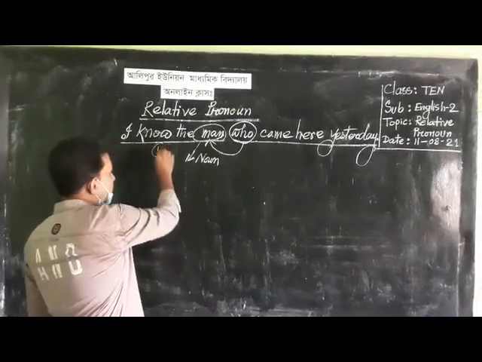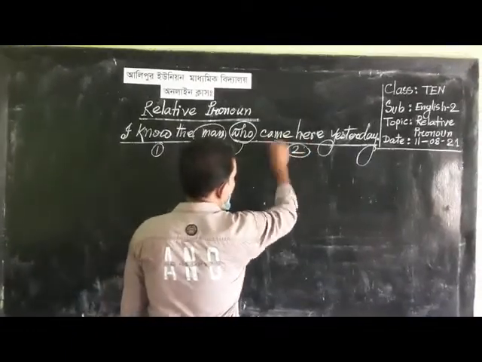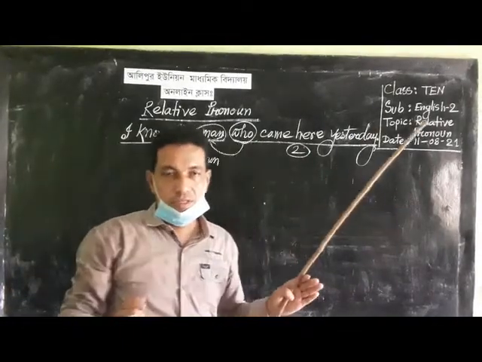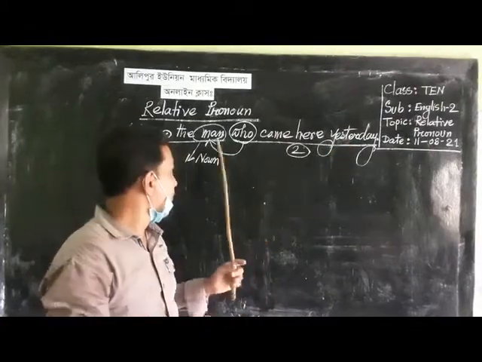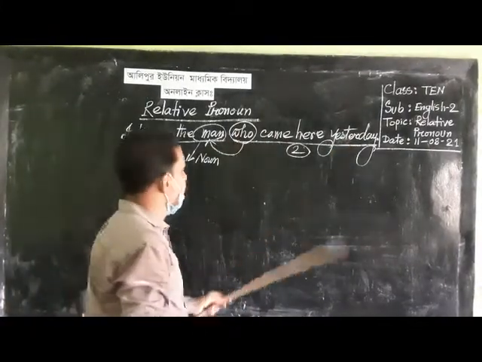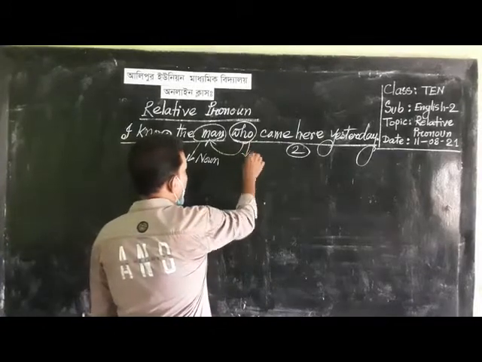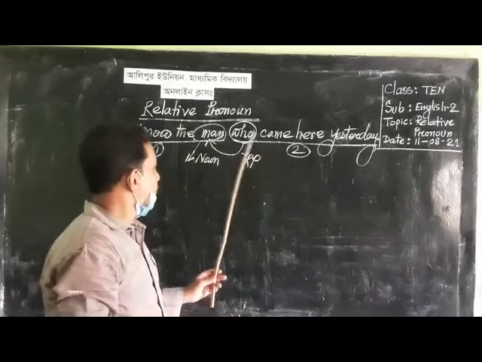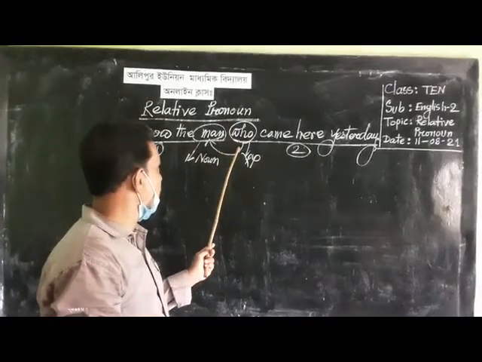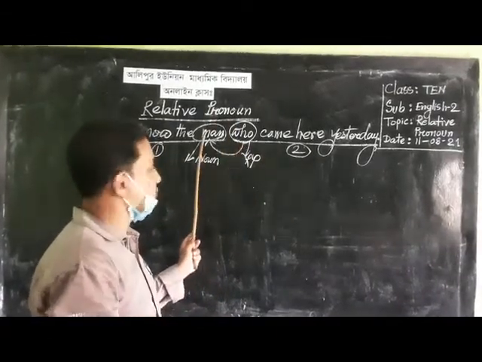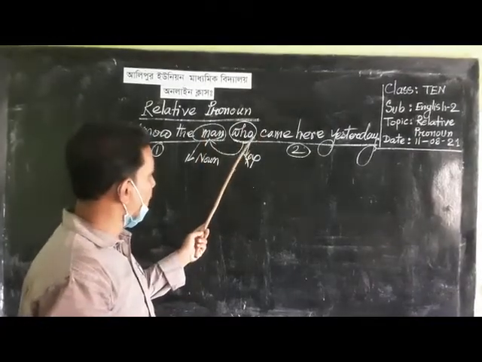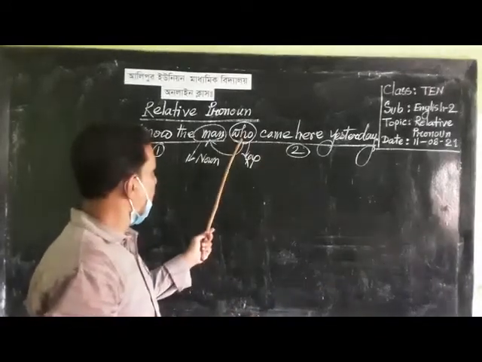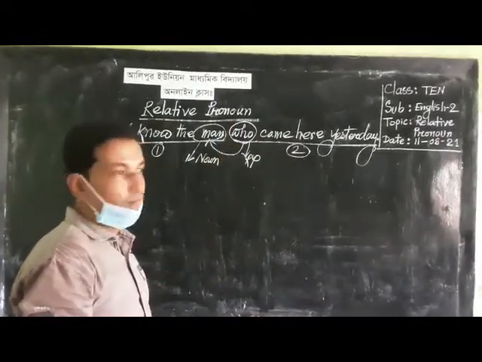It is the first clause and it is the second clause. Two clauses are joined by the relative pronoun who. So who is a relative pronoun, because this pronoun indicates the previously mentioned word and at the same time joins two clauses.